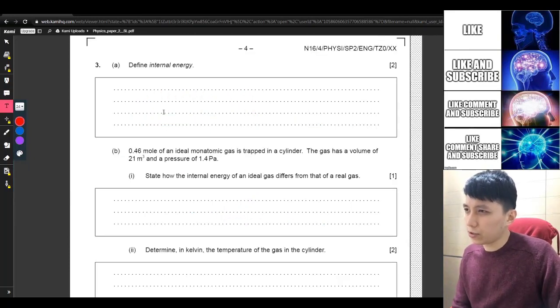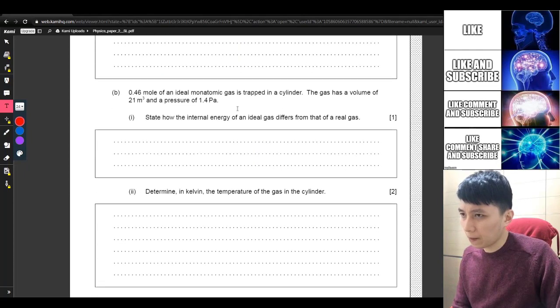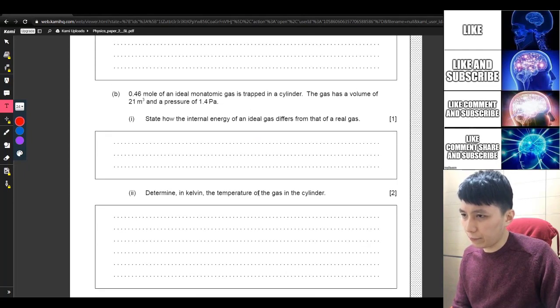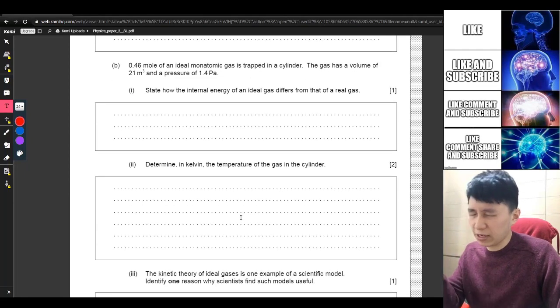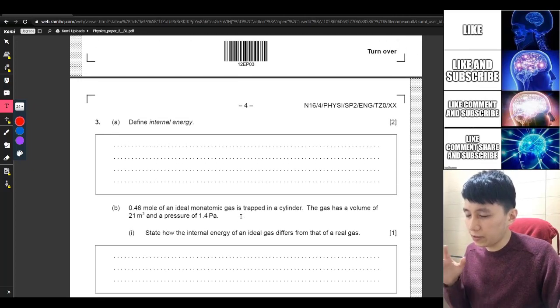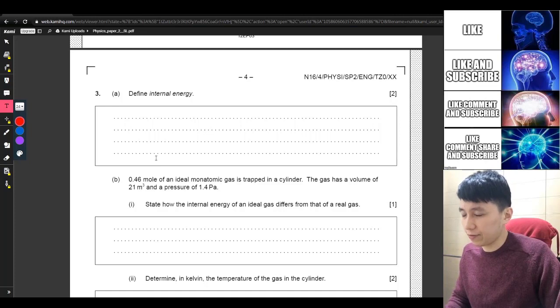Alright, next question I think is something to do with thermal, because when you see internal energy, and then here you see something to do with the gas, so like PV ideal gas law. So obviously this question should relate to chapter 3, thermal physics.